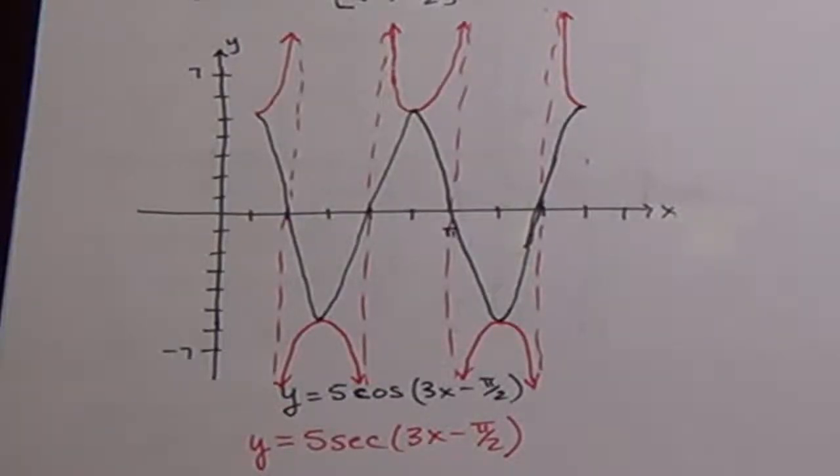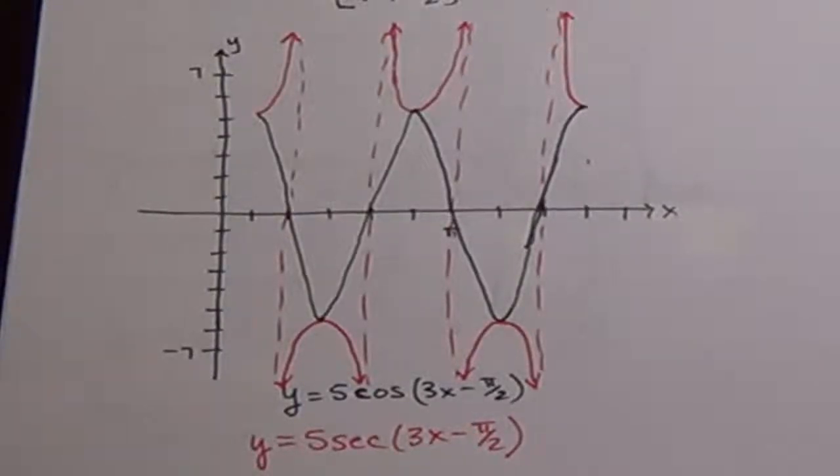And again, you'll notice the asymptotes are every place the cosine graph crosses the x-axis. The low points are the high points of the cosine graph, and the high points are the low points of the cosine graph. And so we can see that this does meet the conditions that the range is from -infinity to -5 and from 5 to infinity. So there's that gap. And we have all of the asymptotes put in place, which we can verify with our equation x equals pi over 3 plus n pi.